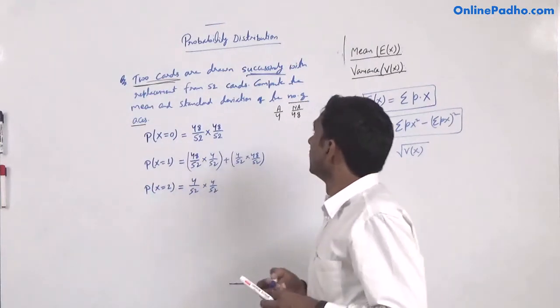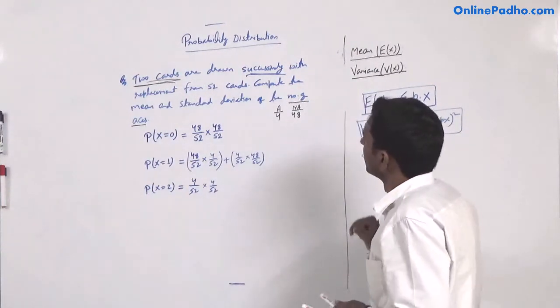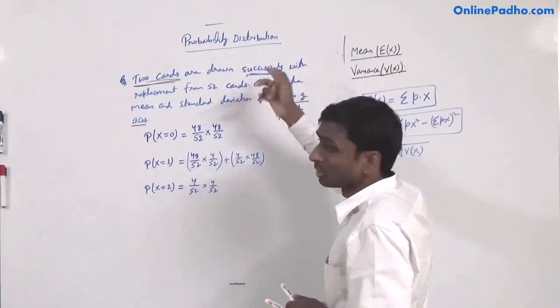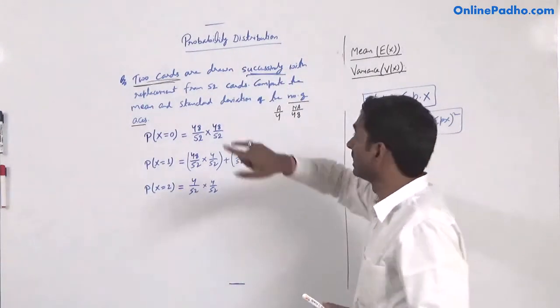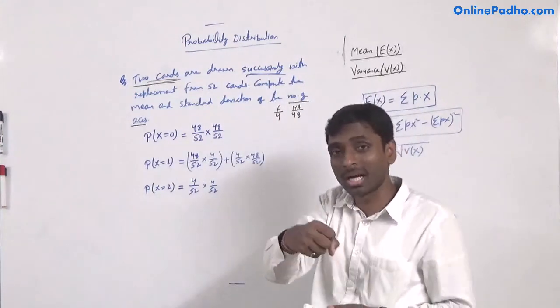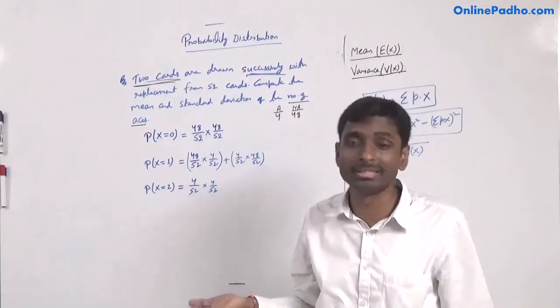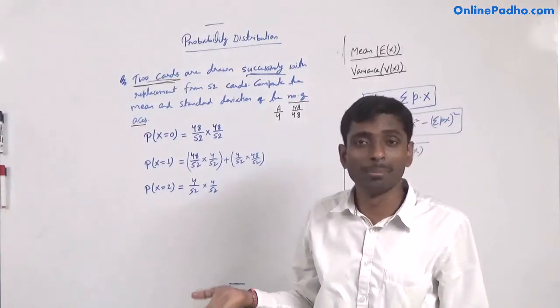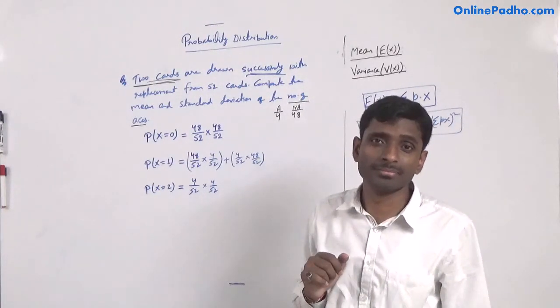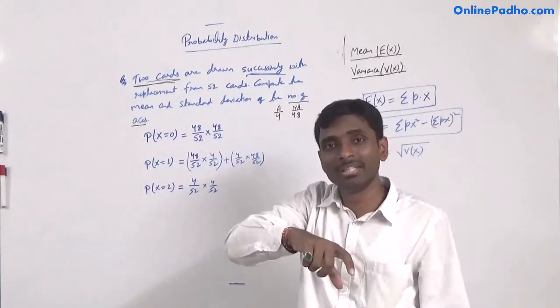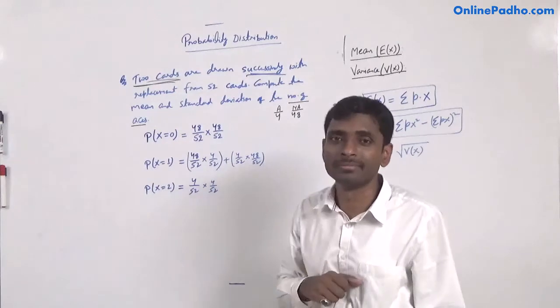If the question were that two cards are drawn simultaneously, then the question would be different. Successively means we select the cards one by one, and simultaneously means we can apply combinations as in the previous question. But in this question we don't have simultaneously, that's why we apply this concept.